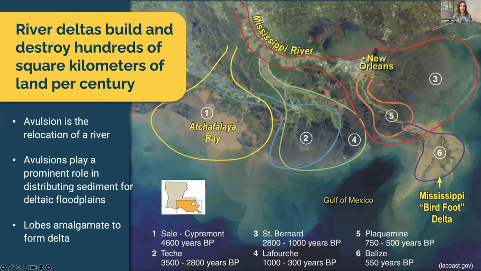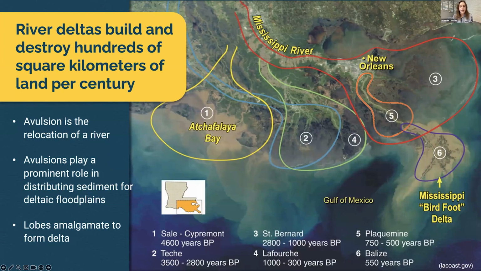So the Mississippi avulses on 1,000-year timescales. In this map that I'm showing here, you can see these colored outlines, each of which represents a place where the active channel was previously located and through avulsion has subsequently moved.